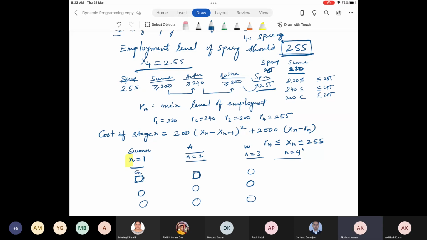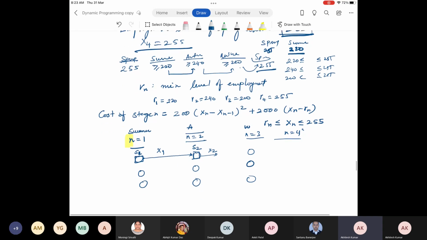Let's say it is S1 and I move to this state in stage 2. What exactly is changing? And I took a decision X1. Then I took a decision X2. Right. So based on this, can I define my Sn equals to what?